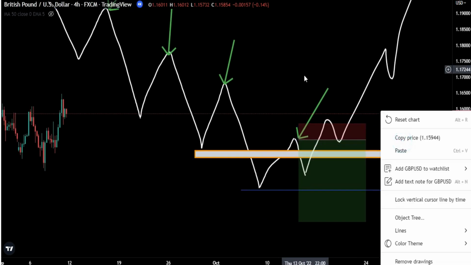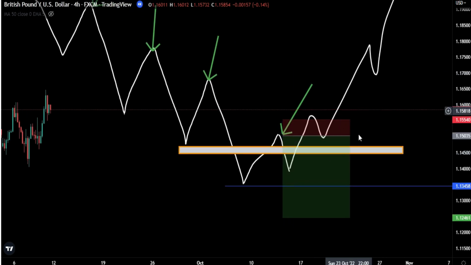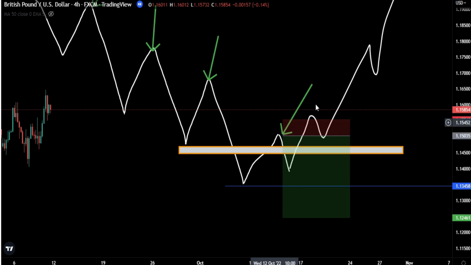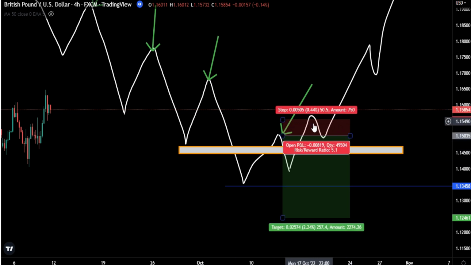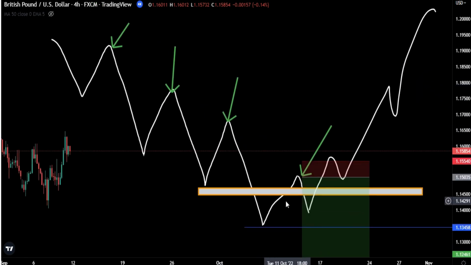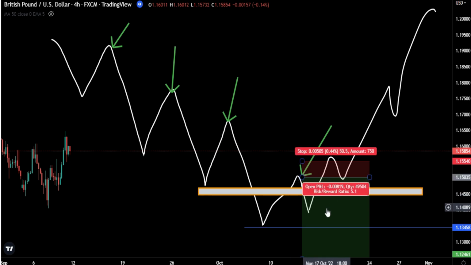Maybe you just went out to check something, or for your daily activities. Coming back, you are going to see that the price actually reversed and hit your stop loss, right? And you lose that money. So you wouldn't want to be selling the lows. You're expected to sell the highs and buy the lows, right?